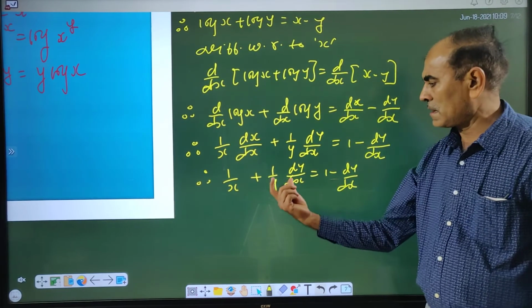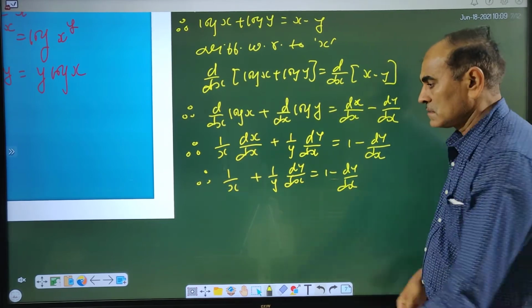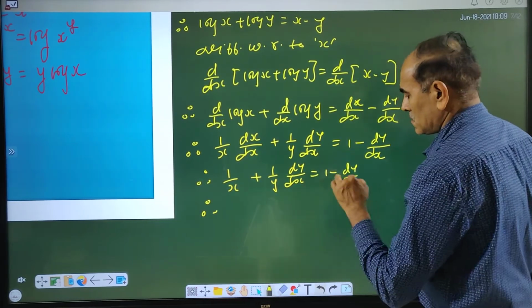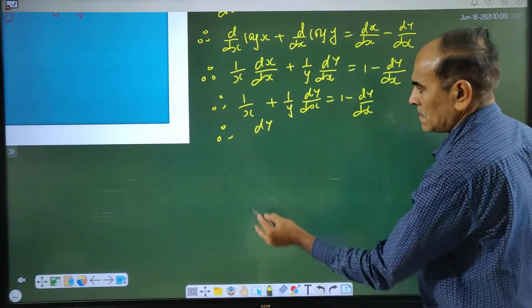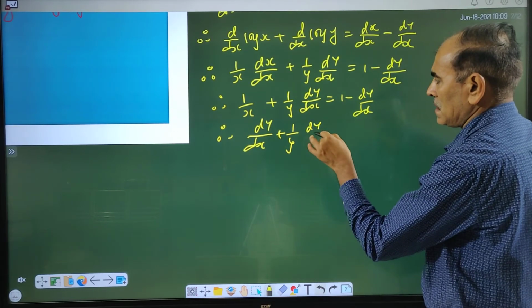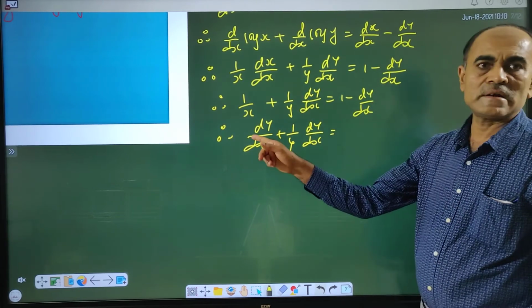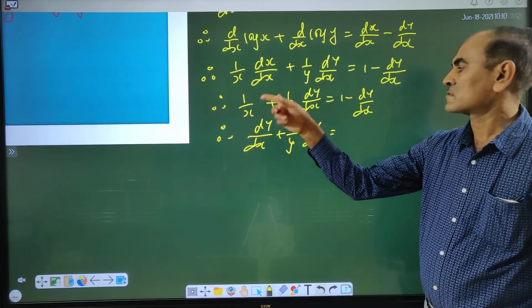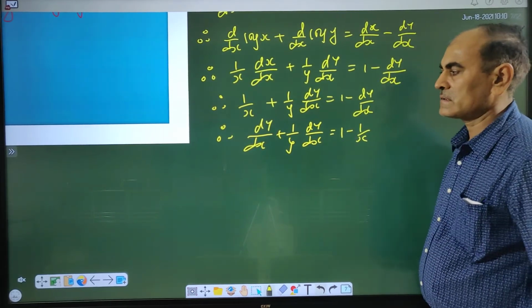Take this term on left hand side and 1 by x on right hand side. And so what we get here? So dy by dx plus 1 by y dy by dx. We are taking dy by dx on left hand side and at the same time I am taking 1 by x from right hand side. 1 minus 1 by x.